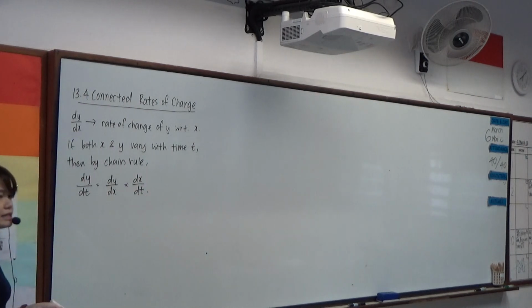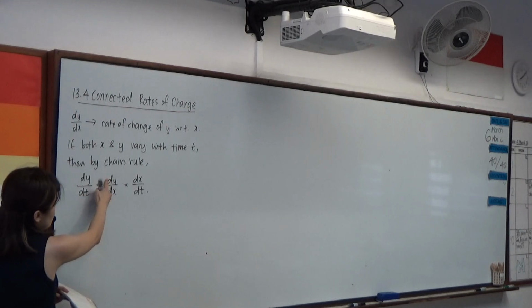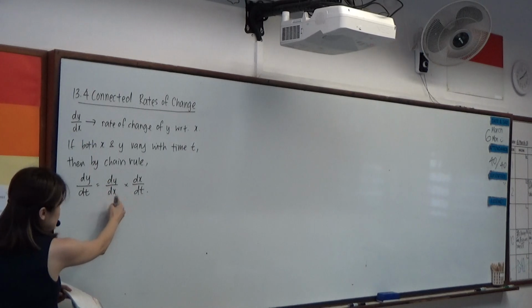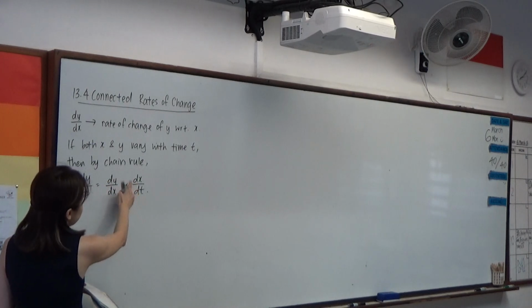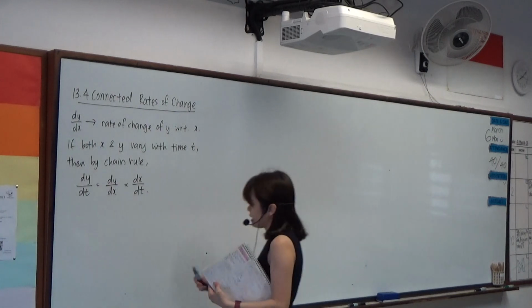That tells us that dy over dt, that means if you're differentiating y with respect to t, will be equal to, we differentiate y with respect to x first times differentiate x with respect to t. How is this your chain rule application?